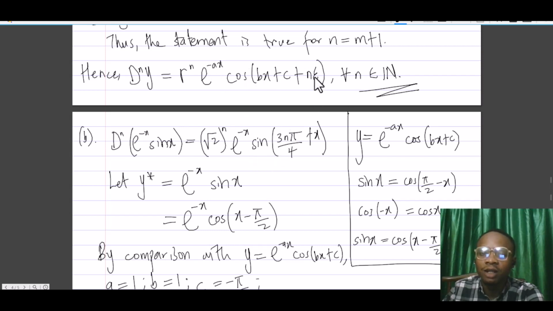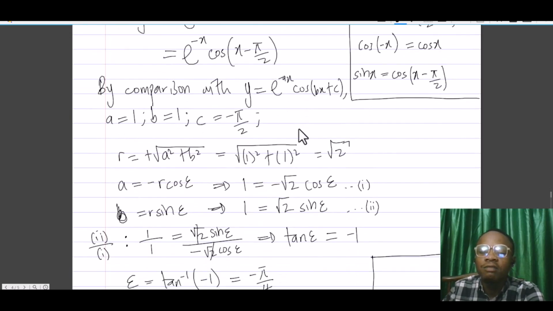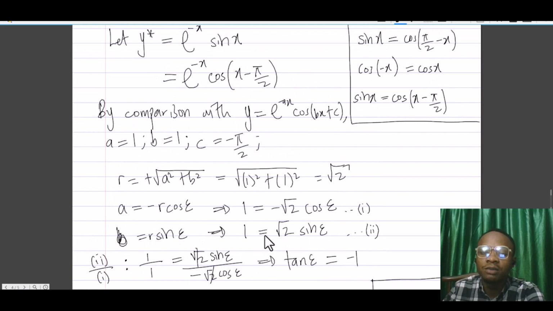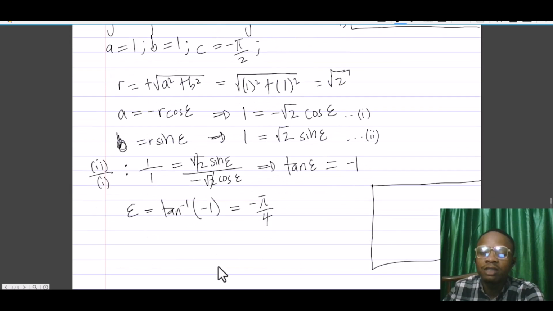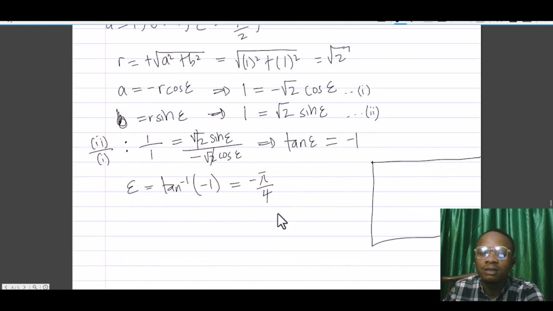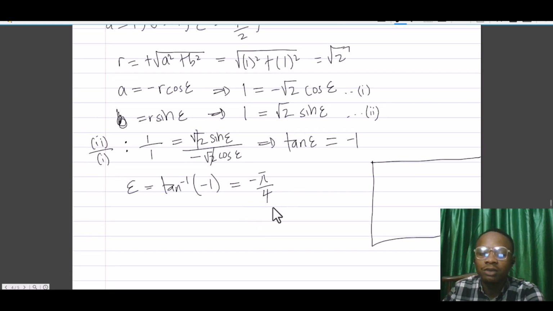If we look at the argument, epsilon would be predictably 3 pi over 4, or something like that. So if we have minus pi over 4, it will probably not give us the same result as what we want in the argument here. So let's see if there is a way we can modify this without disrupting this property and still have 3 pi over 4. That's what we're trying to do now.